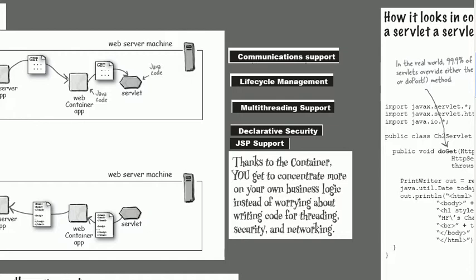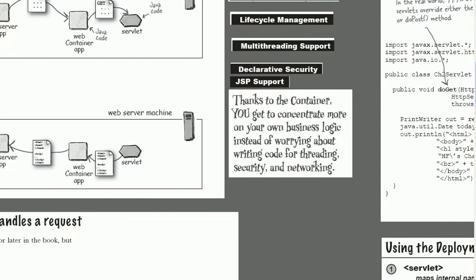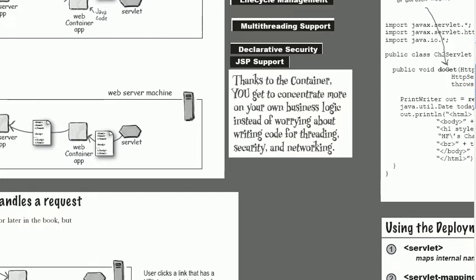And you could declaratively provide security parameters to a servlet within the descriptor file, which is the web.xml file, and it also converts JSP to Java code. So it takes care of all the necessary coding, which lets you concentrate more on your own business logic instead of worrying about writing code for threading, security, networking, and so on.